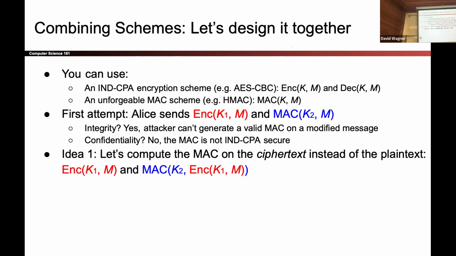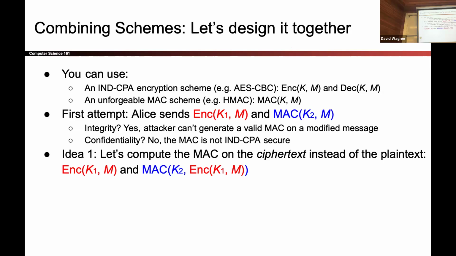So it's a many-to-one relationship, where multiple different ciphertexts correspond to the same message. But for any ciphertext, there's only one message that it decrypts to. MAC is still deterministic. Always, MAC is deterministic.